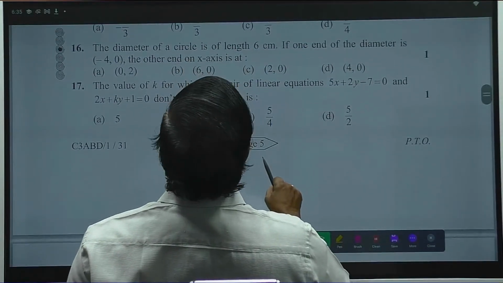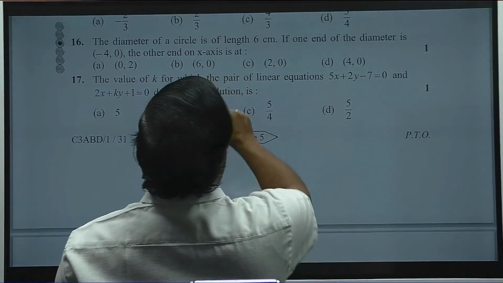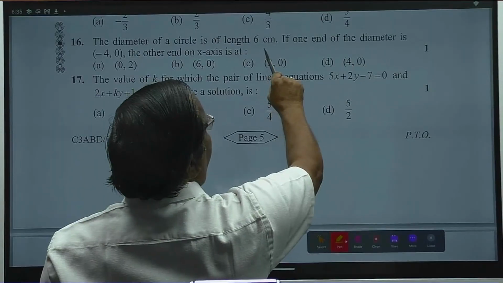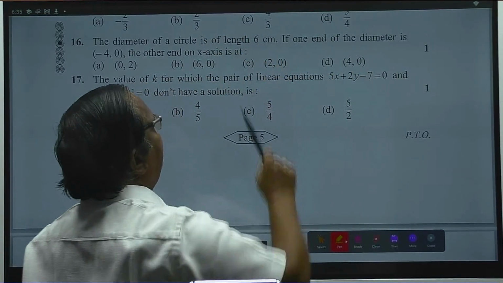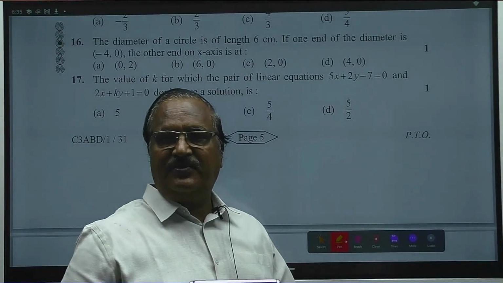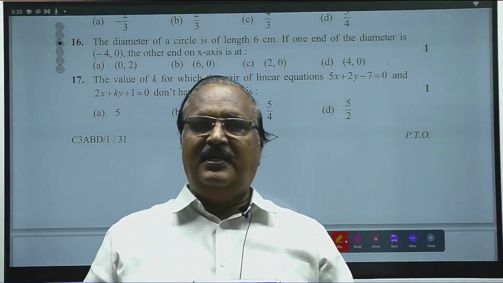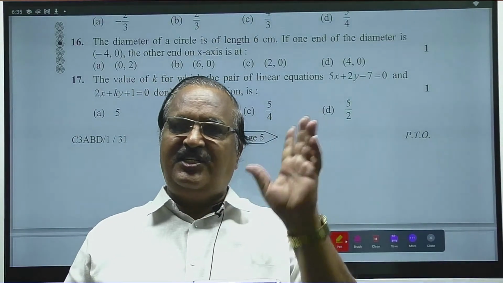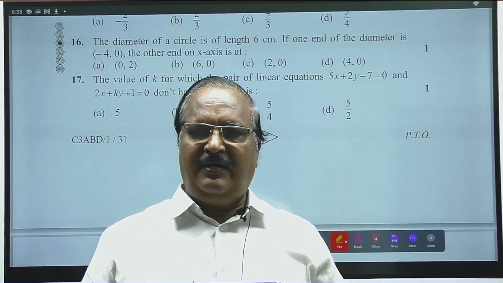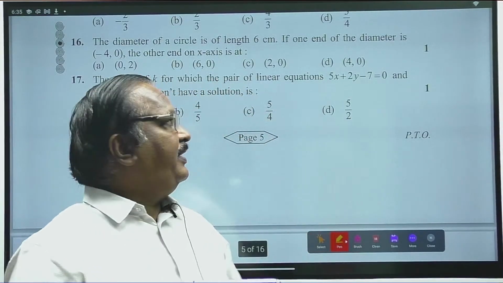Question number 16. The diameter of the circle is 6, and one end is minus 4, 0. This is coordinate geometry. This is the third question from coordinate geometry. One distance formula, one midpoint formula. So this is one more, right?